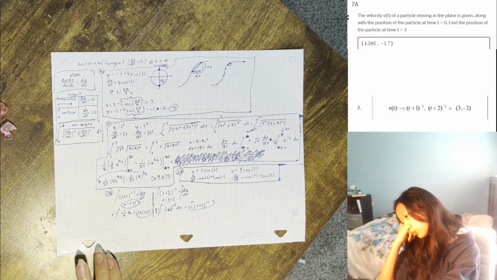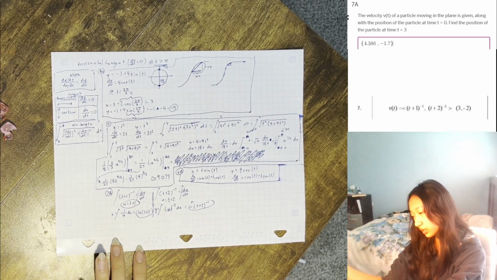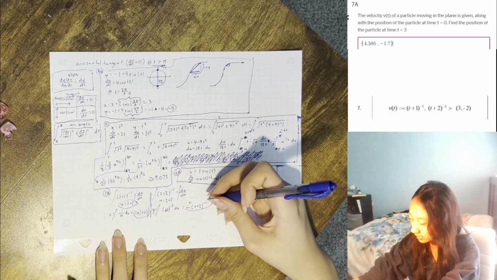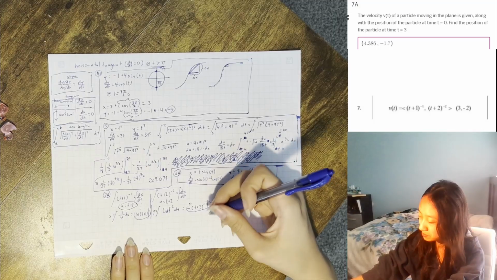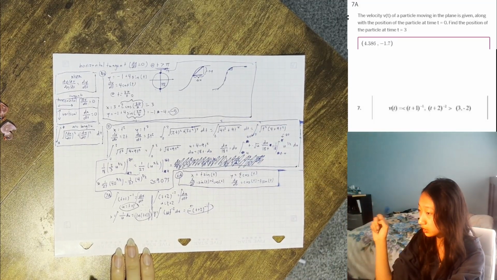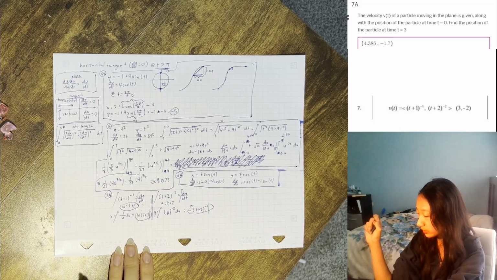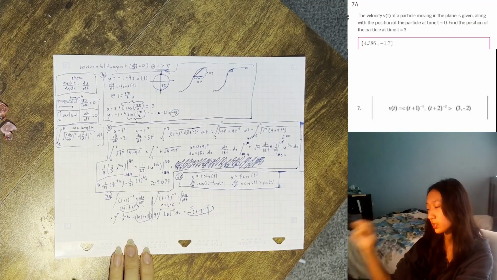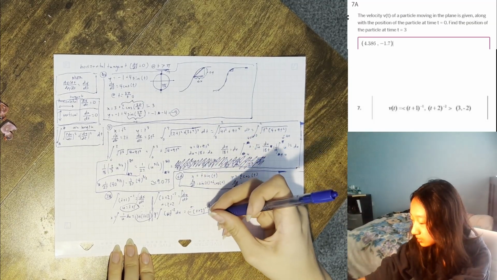Now, remember that this is still an integral, right? So an integral we need to evaluate at b and a. In this case, our b and a are going to be the time that the object starts moving and the time that the object stops moving. They're so lovely, and they give these to us.